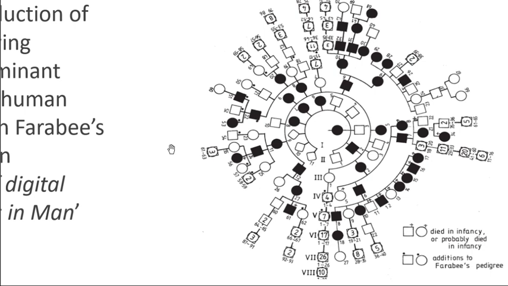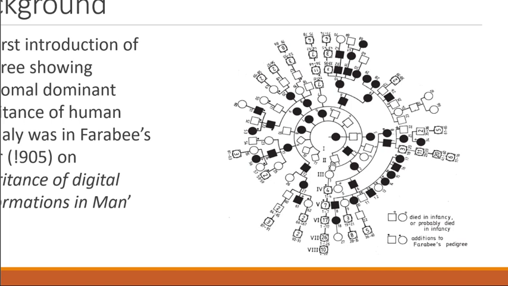Plus, the numbers in a given generation indicate the position of that person in that generation in the pedigree chart. For instance, here there are 8 generations: first, second, third, fourth, fifth, sixth, seventh, eighth.